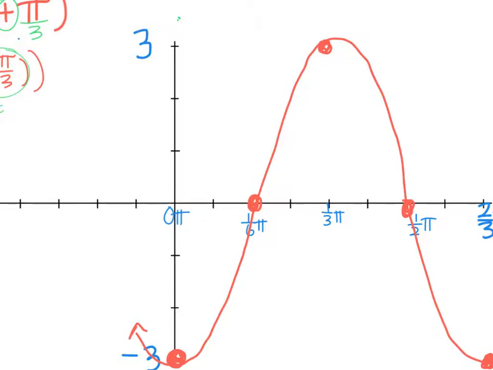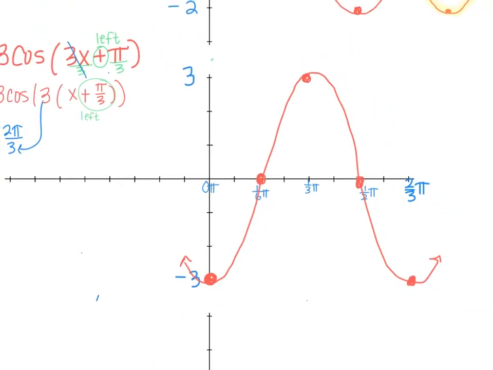All right, so that means my new drawing will look like this. If I move it 4 to the left, 4 to the left, 4 to the left, and this one. So the new position of my cosine graph looks like that.